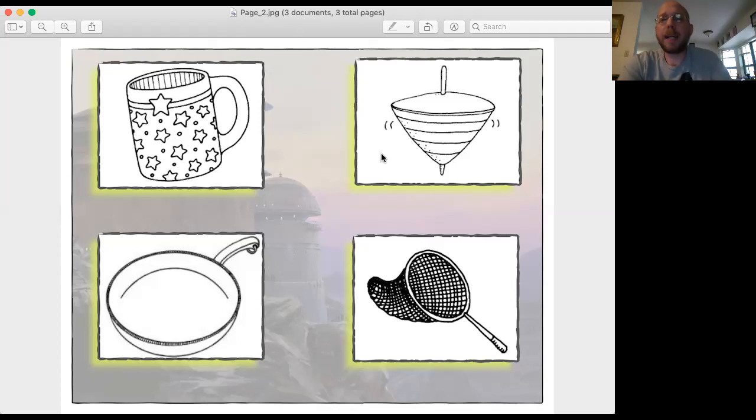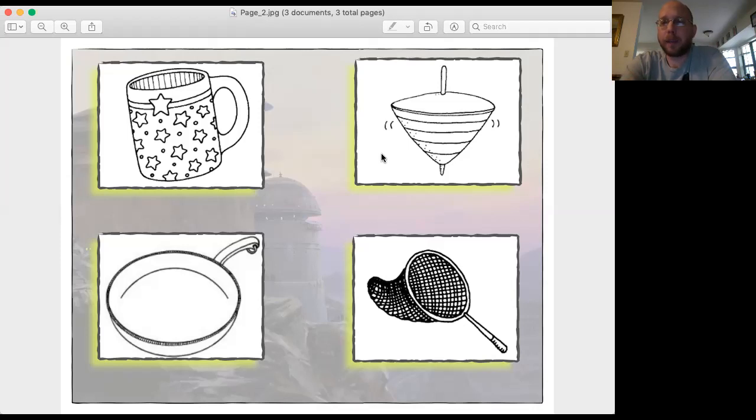This is a picture of a top. First, let's go ahead and break it up into its onset and rime. You guys remember that one? Op. Top. Very good. So what's the initial sound that we have? T. Very good.